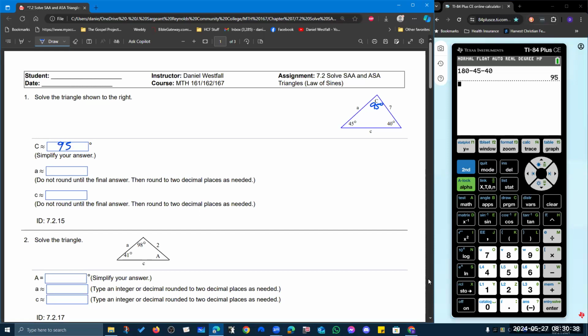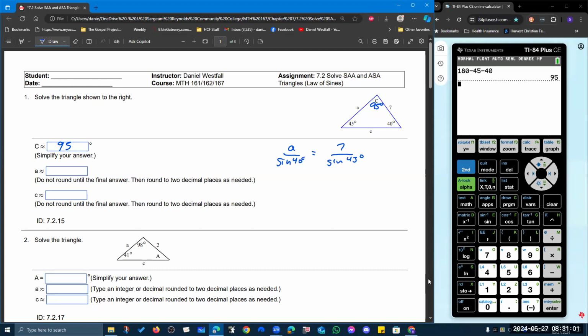No approximation needed. So now we have little a is to sine of the angle across from it, as we have the side across from the given angle here.